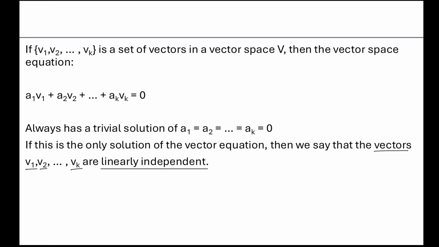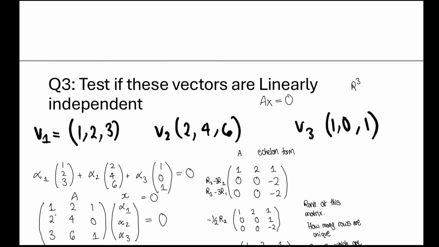So linear independence is when we have this vector equation and the scalars are all equal to 0, and that's the only solution to this vector equation.